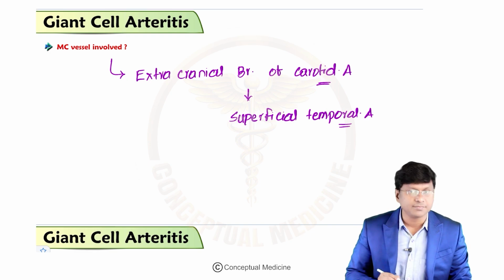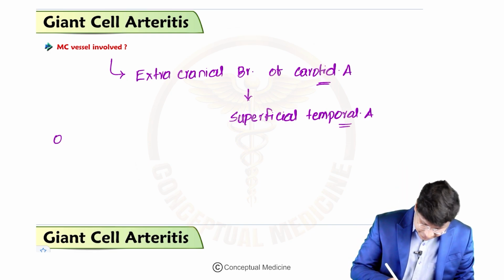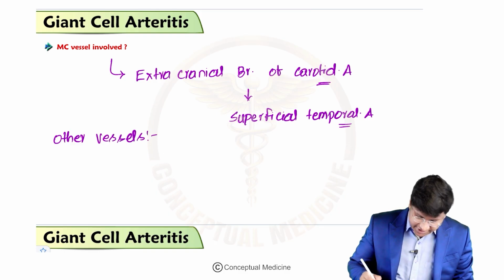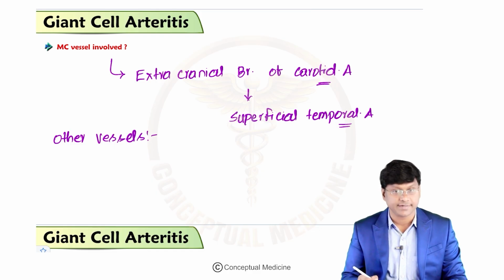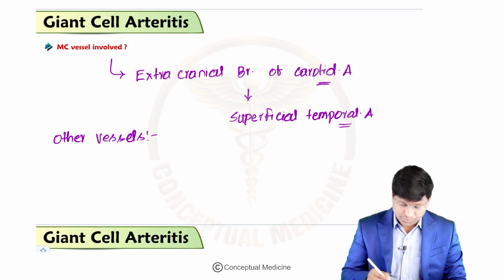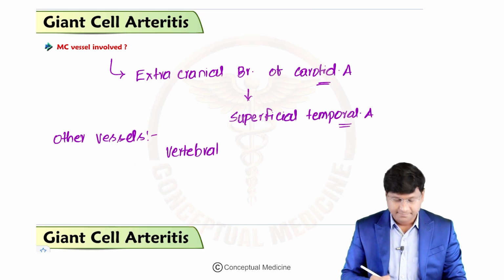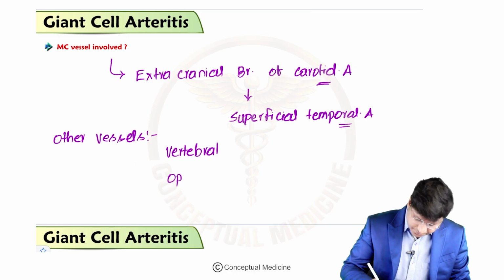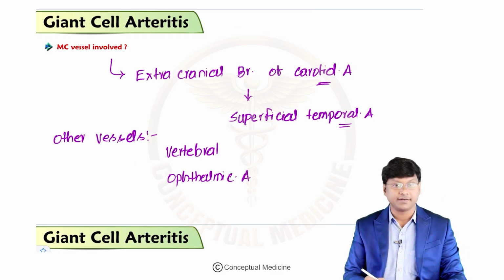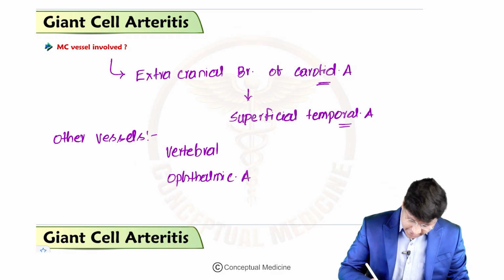Now, apart from the temporal artery, the other vessels affected in giant cell arteritis include the vertebral artery, the ophthalmic artery, and the aorta.